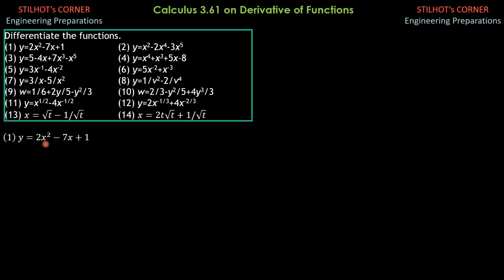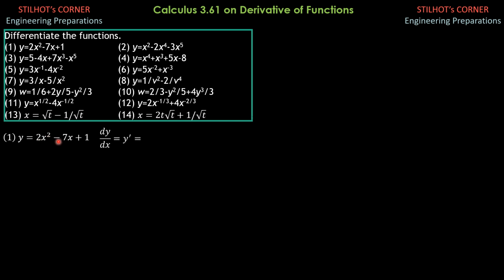So y equals 2x squared minus 7x plus 1. So the derivative of this is dy dx or y prime. The derivative of 2x squared is 2 times 2 by power formula, so 4x to the 2 minus 1. So the power of x becomes 1. So this becomes 4x.